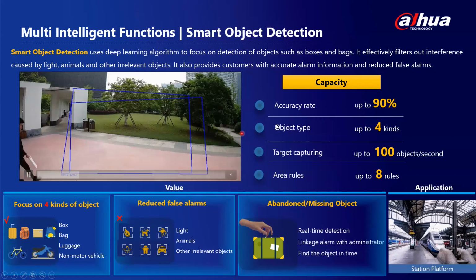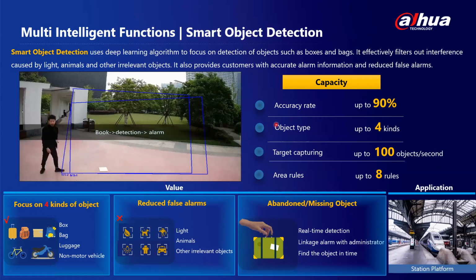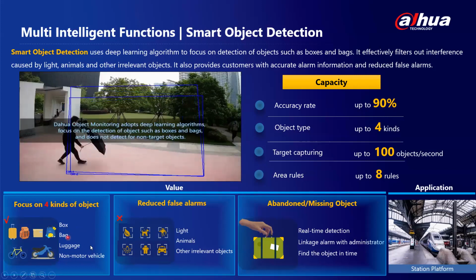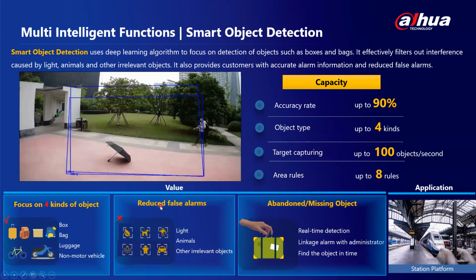We have some books left, for example, users forgot the books there and they're detected, that will not trigger an alarm either. So we have 4 kinds of objects, for example, bags, boxes, luggage, and motor vehicles. Some other items are listed to reduce false alarms.